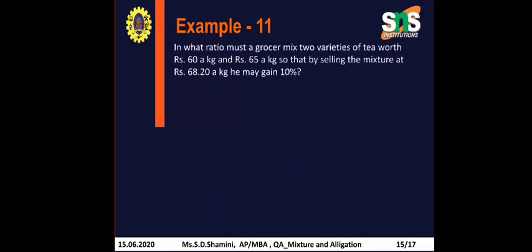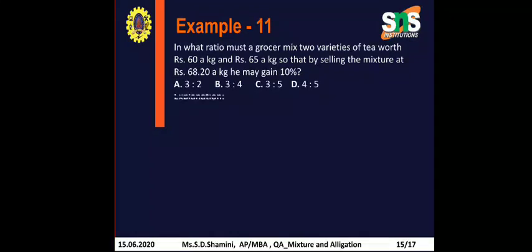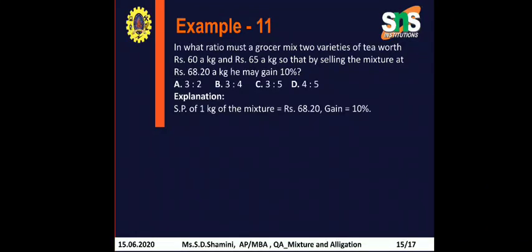In what ratio must a grocer mix two varieties of tea worth rupees 60 per kg and 65 per kg, so that by selling the mixture at 68.2 per kg, he may gain 10%? The options are 3:2, 3:4, 3:5, 4:5. Selling price of 1 kg of the mixture equals 68.2, gain equals 10%.